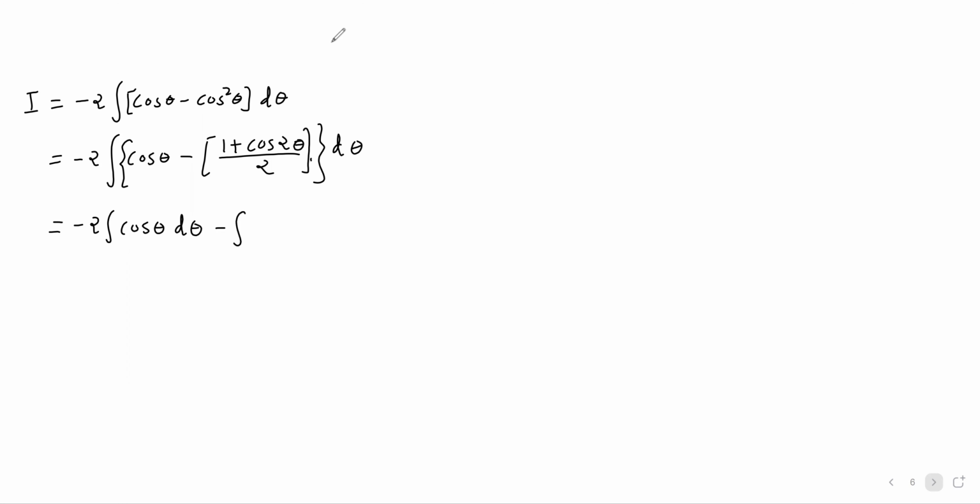So minus 1 d theta. 2 gets cancelled. Again separate out individually. So minus 1 d theta minus cos 2 theta d theta. Now it's possible to integrate all the terms.